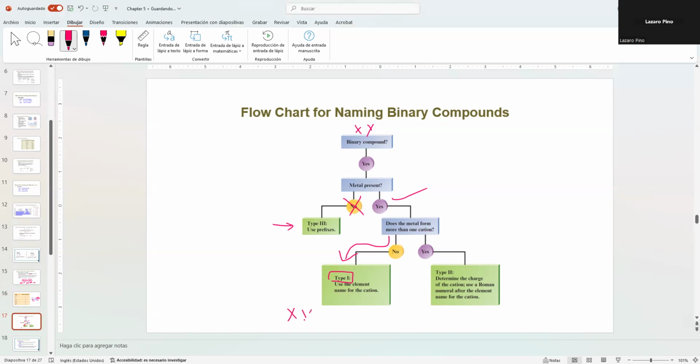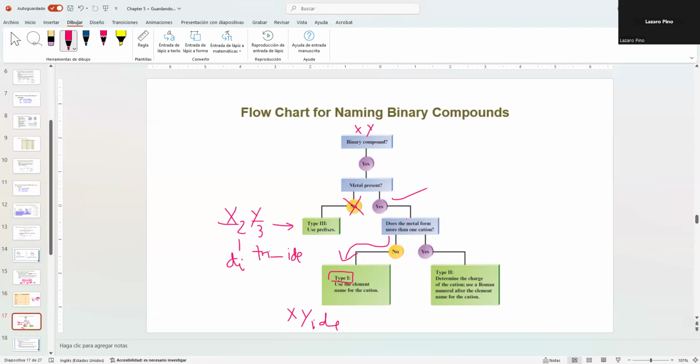And the anion always ends in "ide." This is very simple. But in this case, we have to use prefixes. For example, we have to use di and the name of the cation, and tri and the name of the anion ending in "ide."